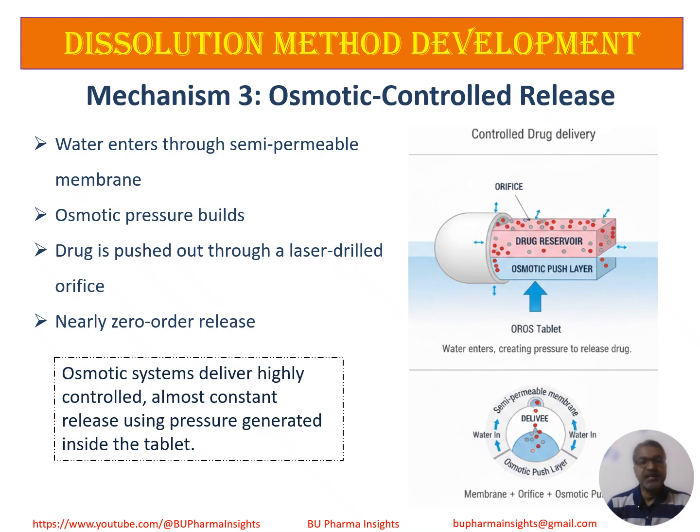This design delivers a highly controlled, nearly zero order release and is largely independent of GI pH, motility, or food effects. Well-known examples include Glucotrol XL and Procardia XL, both based on OROS technology. That's why osmotic systems are among the most predictable controlled release platforms.